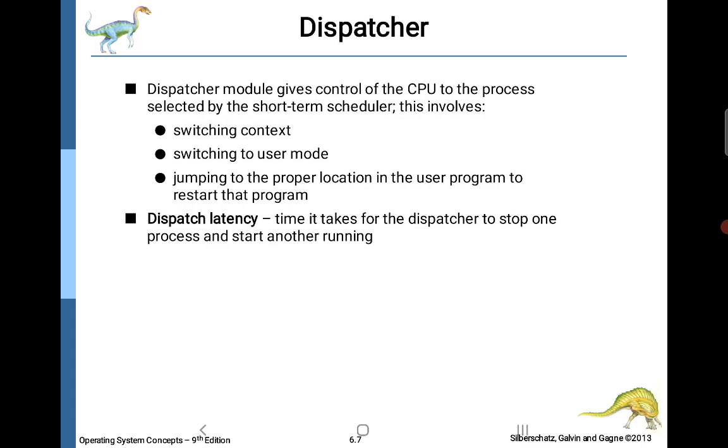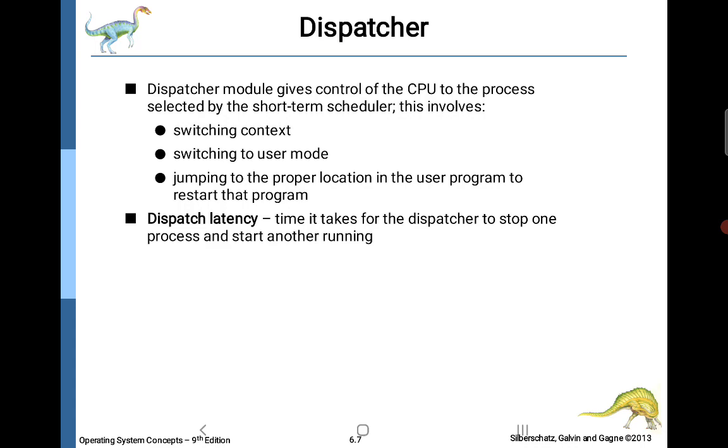After the decision is made on which process will be running, a process will be changing its status from ready to running, or from running to ready, or from running to waiting, and now it will be forced out by the short-term scheduler.